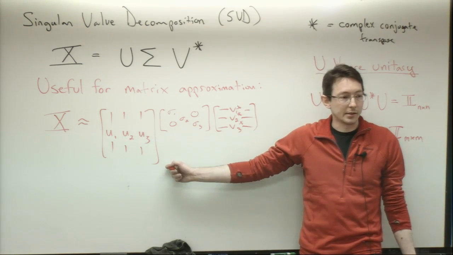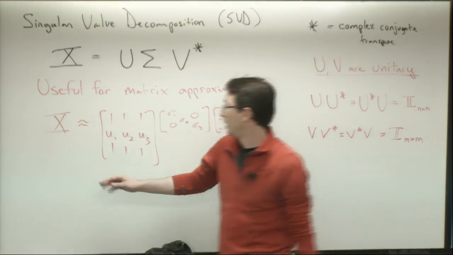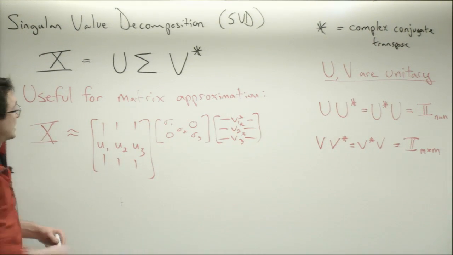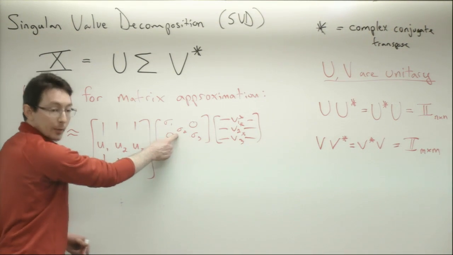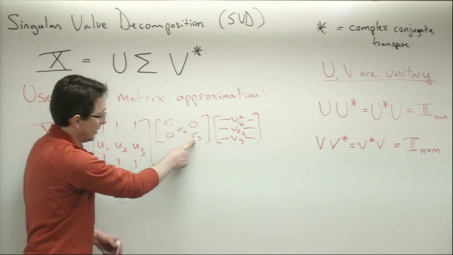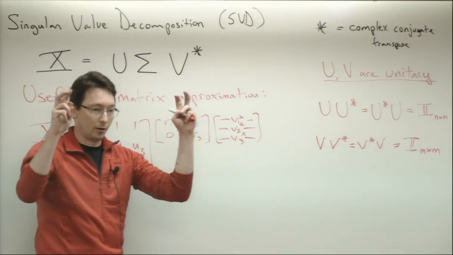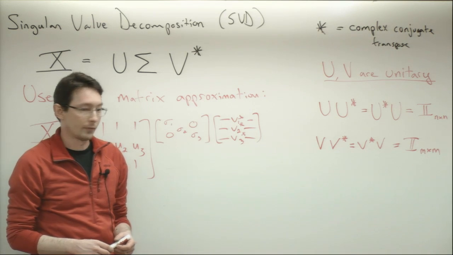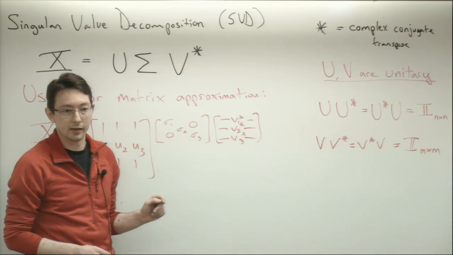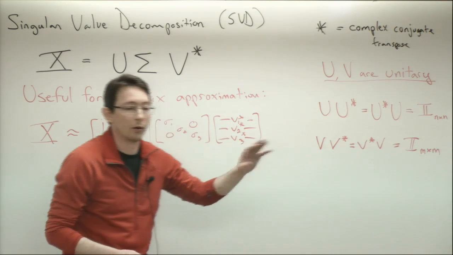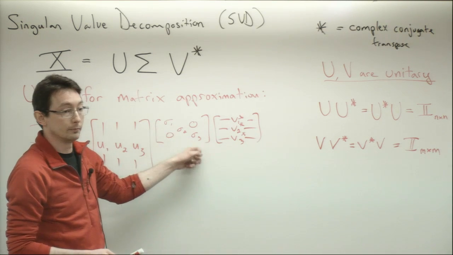My matrix X is approximately equal to just the first 3 of those matrices in my sum. Because I know that sigma 1 is bigger than sigma 2, is bigger than sigma 3, all of the stuff I'm throwing away is small in some sense. Sigma 4 is smaller than sigma 3, sigma 2, and sigma 1. So the stuff that I'm throwing away is all smaller than the things that I'm keeping.